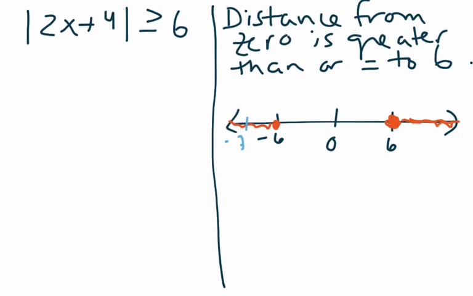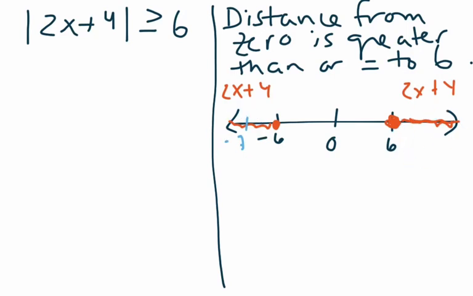So again, take a moment if you need to, if you're watching this at home or rewatching it after we've gone over it in class, and rewind that and let yourself digest how we picture that and how we think about it. So what is the absolute value or the distance from 0 of what? Well, 2x plus 4. So that means the 2x plus 4 is either in this section, or 2x plus 4 is over in this section.